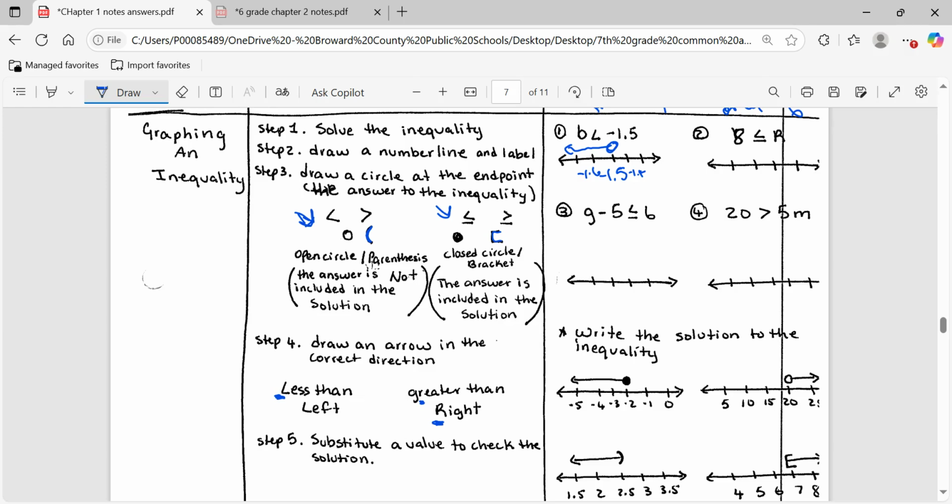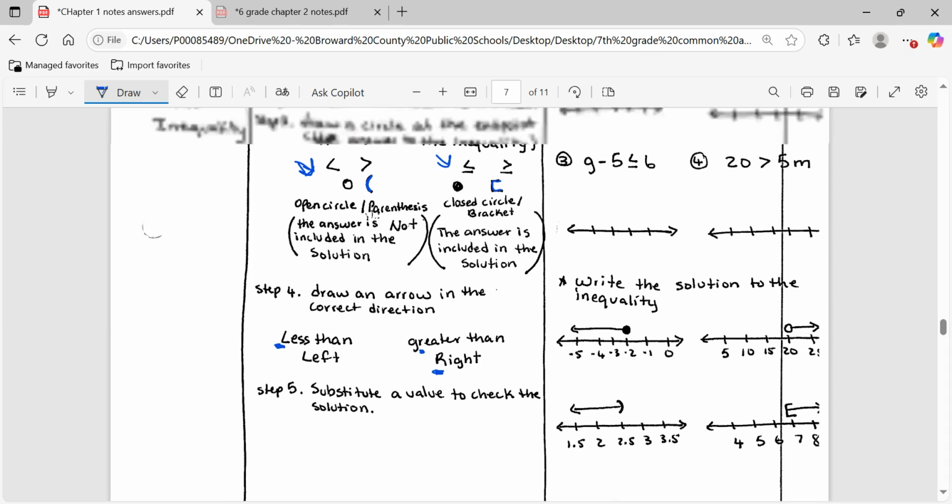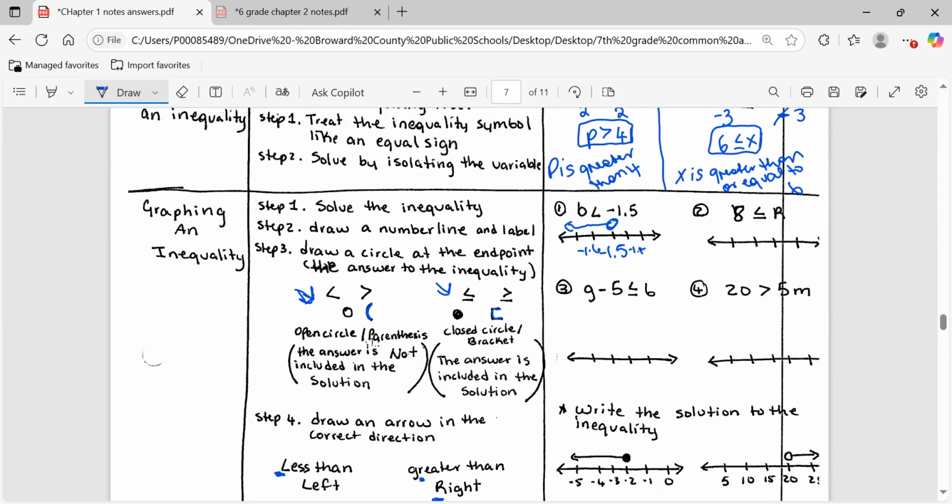Because we're saying every number greater than, bigger than, or every number less than. And then you want to substitute to check your solution. So here I am, going to the left. If B is less than negative 1.5, that includes negative 50, negative 5 million, negative 500. It is literally every number that is lower than negative 1.5.